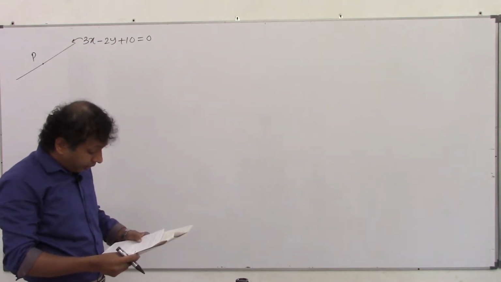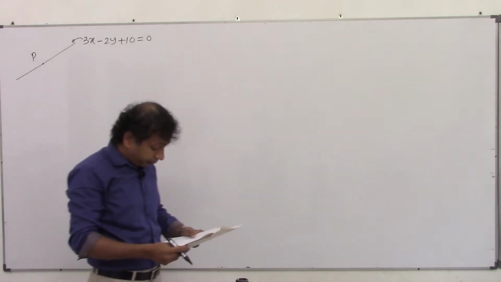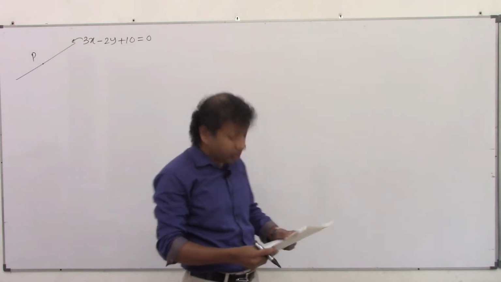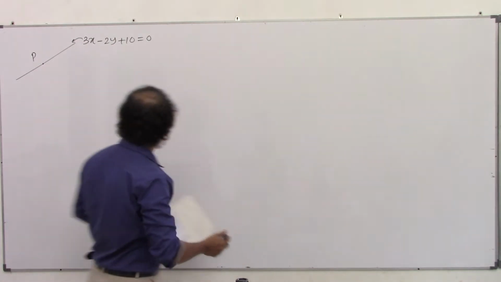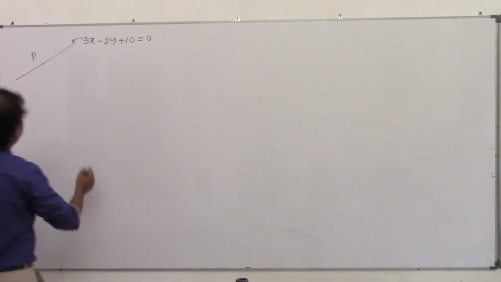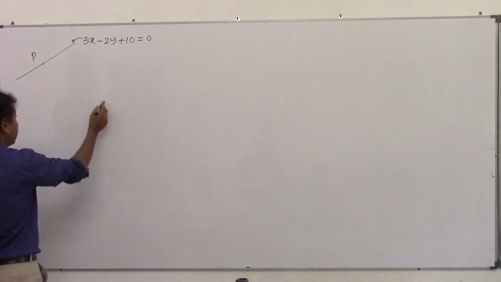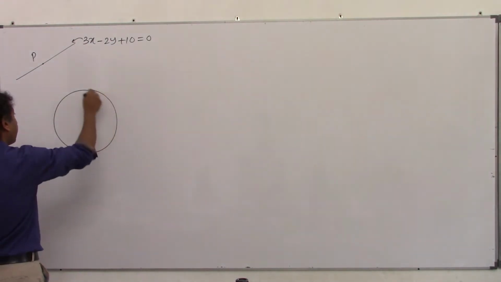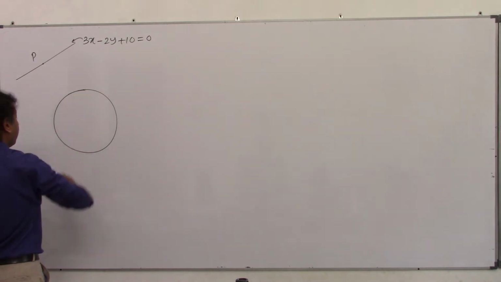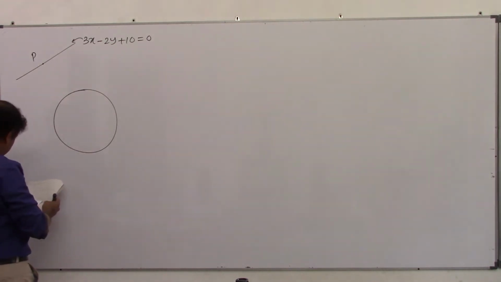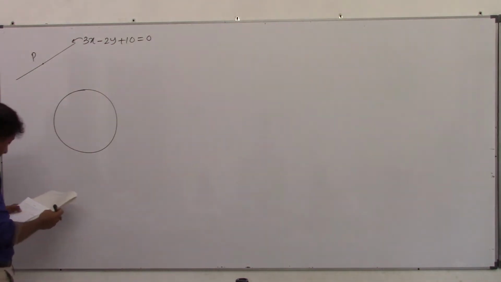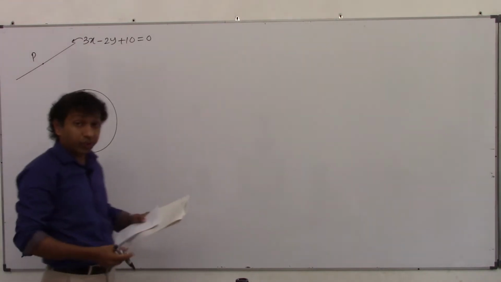And from the point P, tangents are drawn to the given circle. Its equation is given as 2x squared plus 2y squared plus 4x minus 4y plus 2 equals 0.